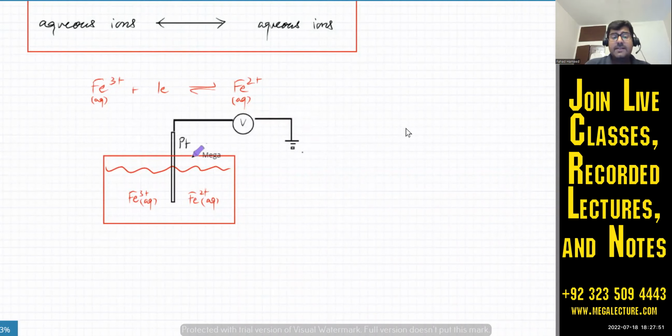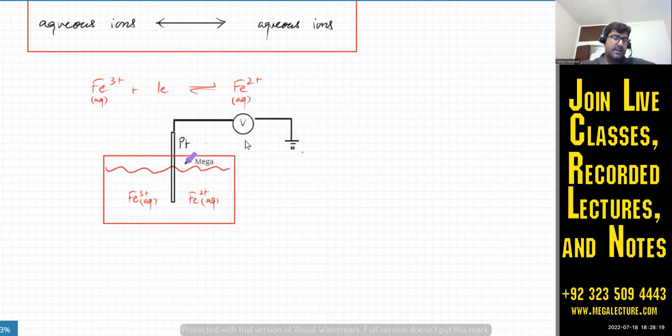If it's very negatively charged, then that means Fe2 plus really likes to lose electrons. Vice versa, if the voltage over here is very positively charged, that means Fe3 plus really likes to gain electrons. If Fe3 plus starts to really gain electrons, the electrode will be positively charged. If Fe2 plus likes to lose electrons, then the metallic rod would be negatively charged.